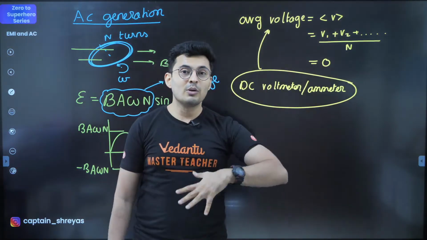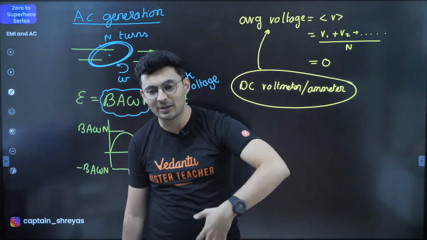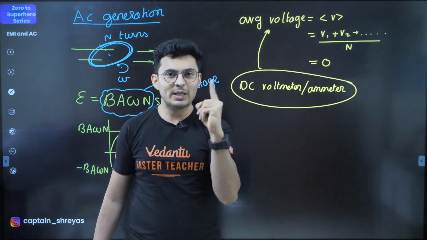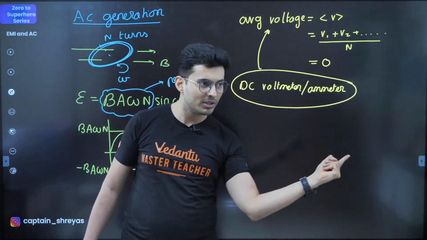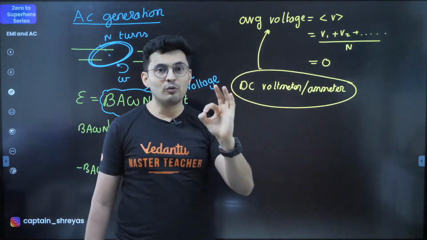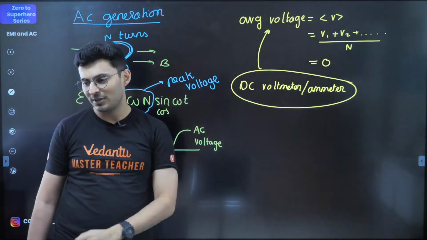If the voltage increases, decreases, current increases, becomes negative, positive, negative, the deflection will go like this. Because the frequency is so fast, it will hardly have any time to go this way and that way, so it will show you the average value. So a voltmeter or an ammeter or a galvanometer always shows you the average voltage.